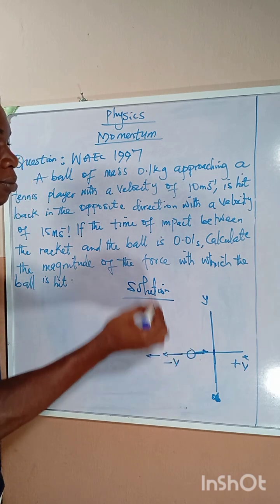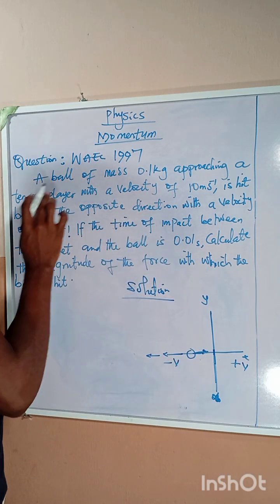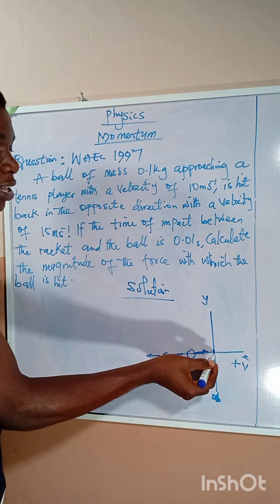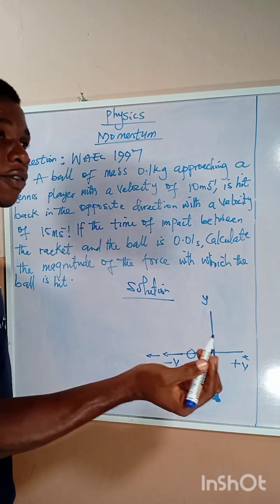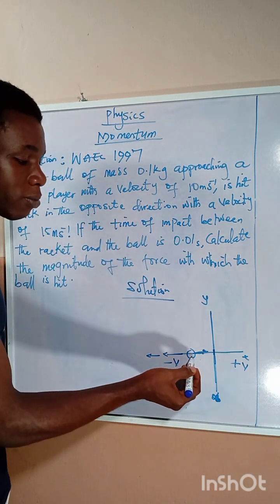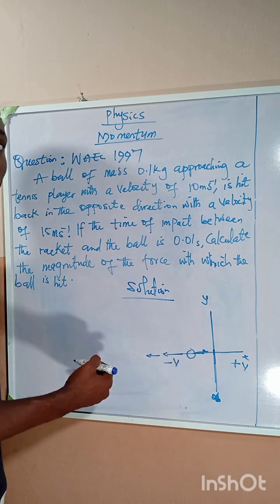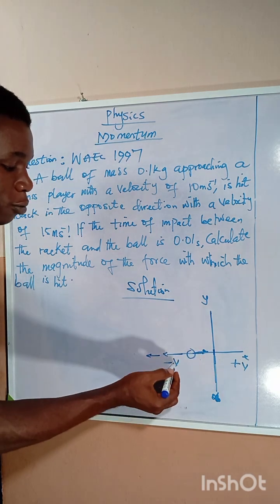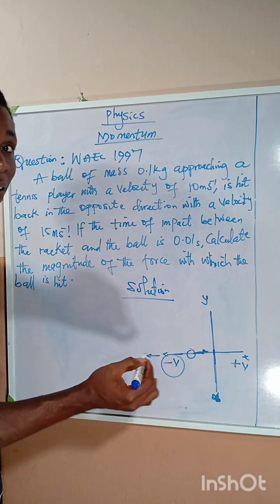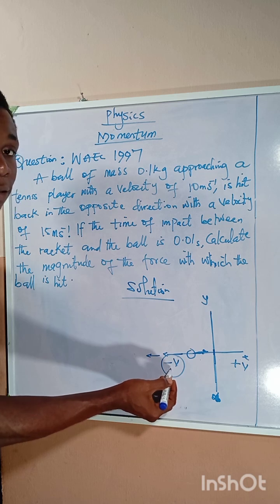So the ball was thrown at the tennis player, and once it hit the racket, the conservation of momentum will propel this ball to travel in the opposite direction as a reaction, which makes the velocity which it had before then become negative.